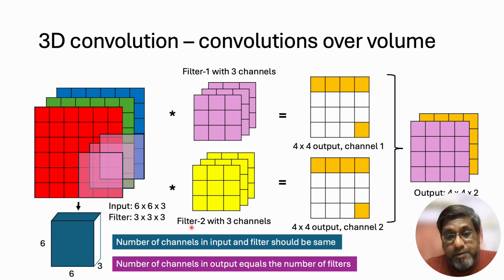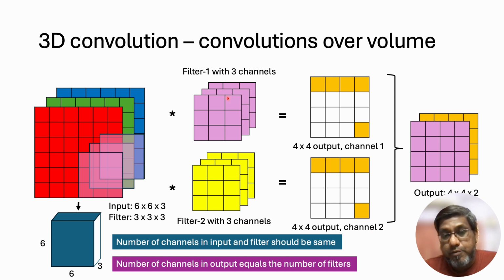Correction there: we can have multiple filters rather than channels. Just as filter 1 produces channel 1 of the output and filter 2 produces channel 2 of the output, we can have filter 3, filter 4, filter 5, and so on, and each filter's output will constitute a specific channel of the output.